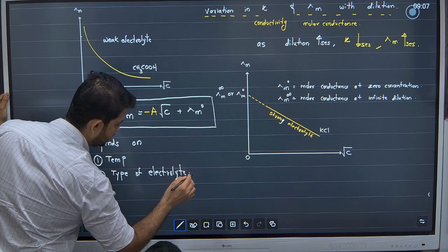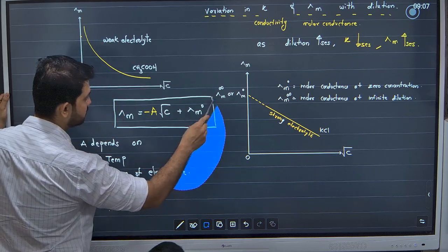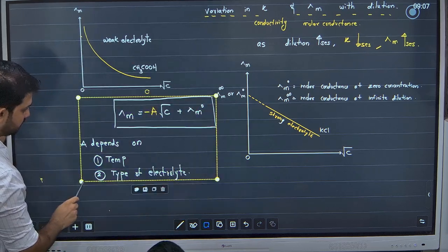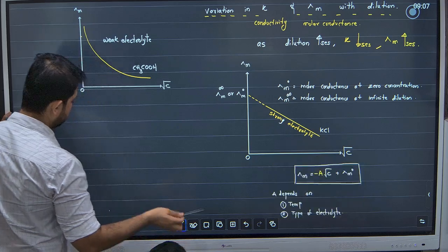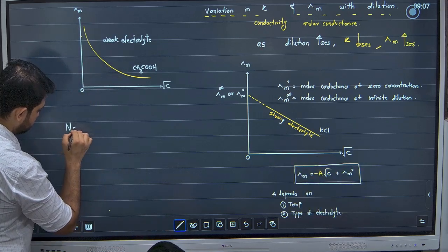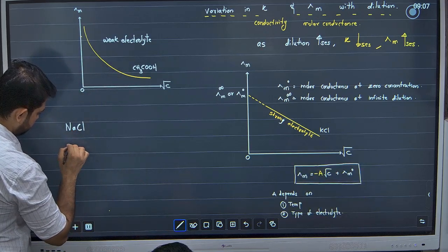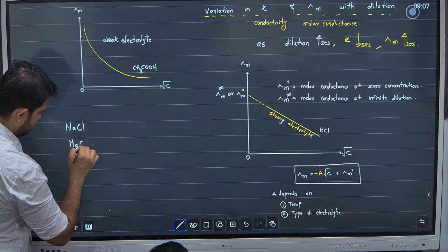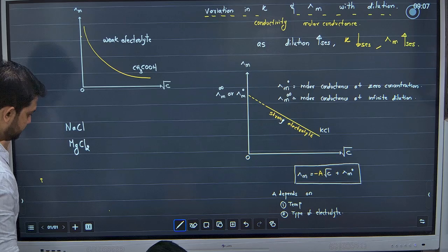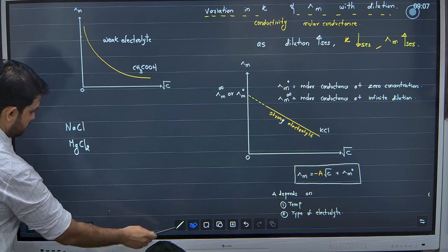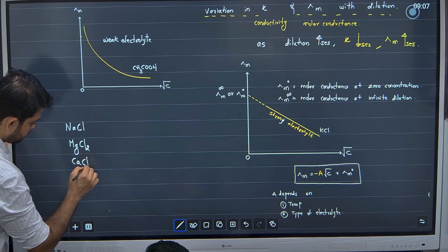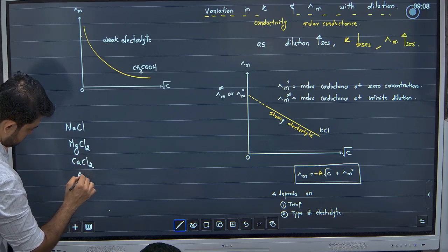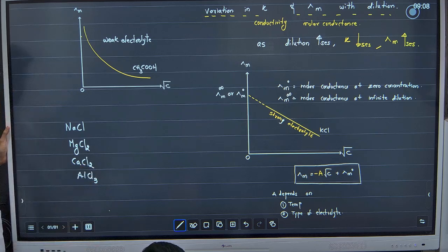Now what does that mean? It depends on type of electrolyte. So let's say we have NaCl, MgCl2, CaCl2 कुछ ले लो, AlCl3.